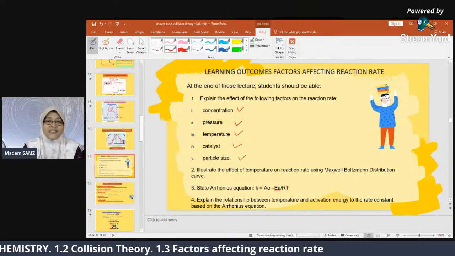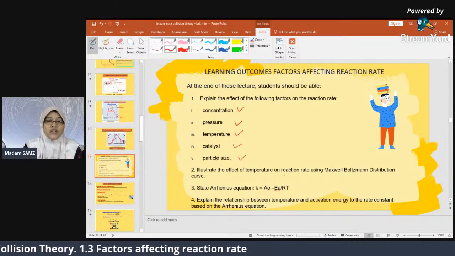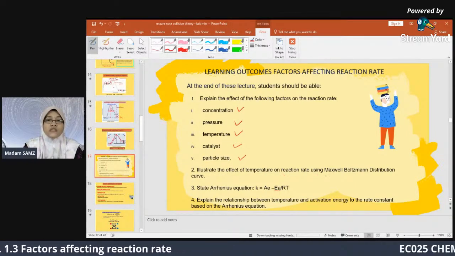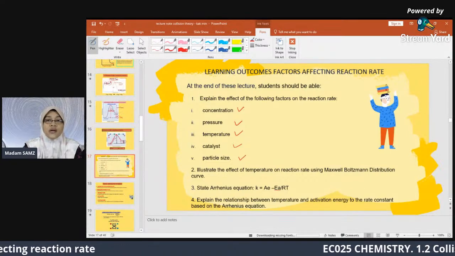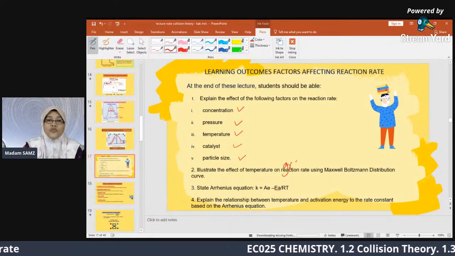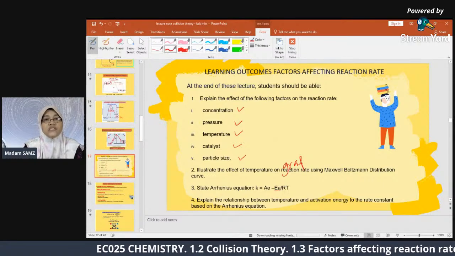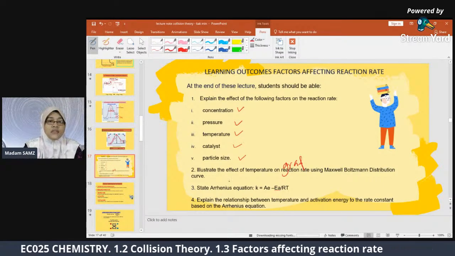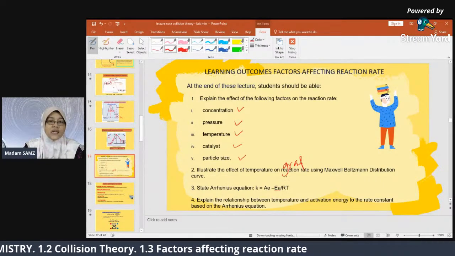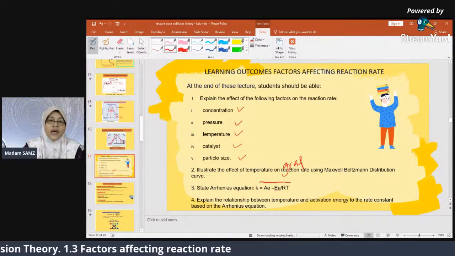The second is to illustrate the effect of temperature using the Maxwell-Boltzmann distribution curve. This is a graph. You have to remember it and you have to know how to explain this graph. The third one is Arrhenius.